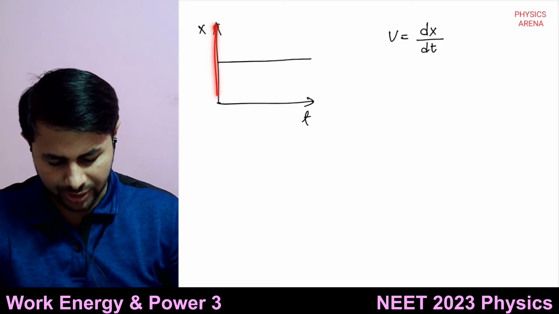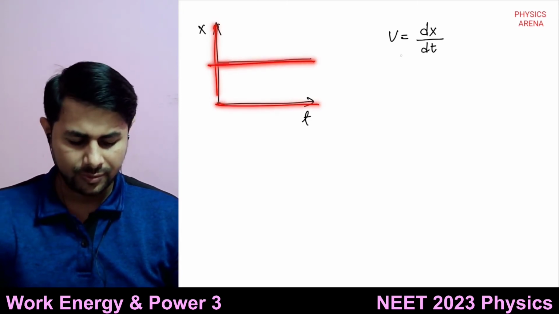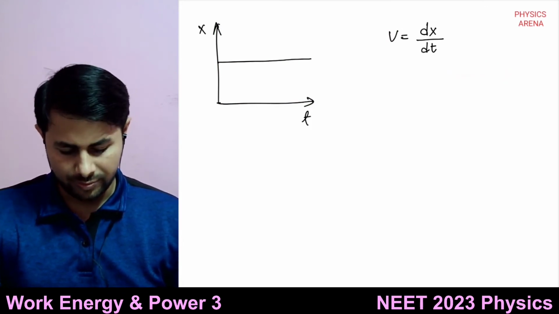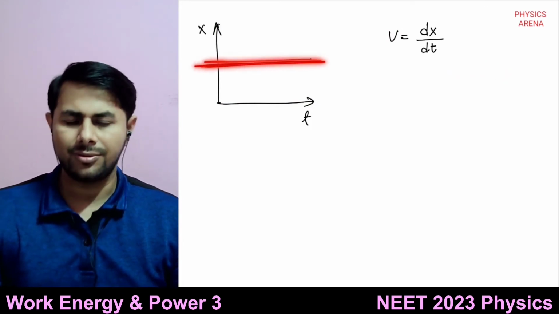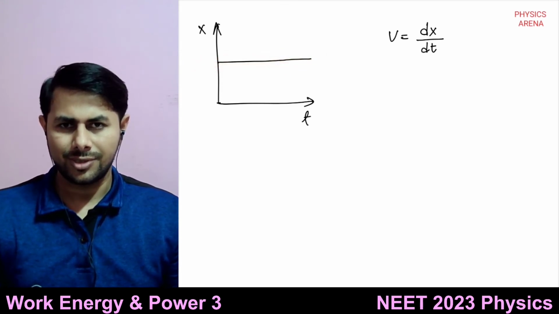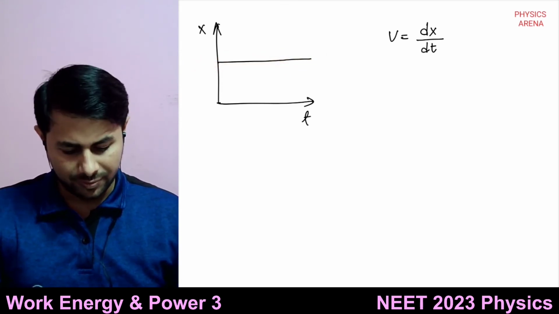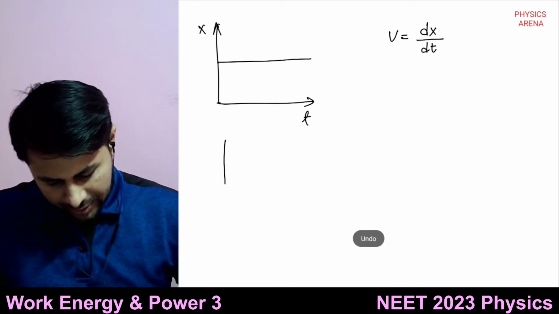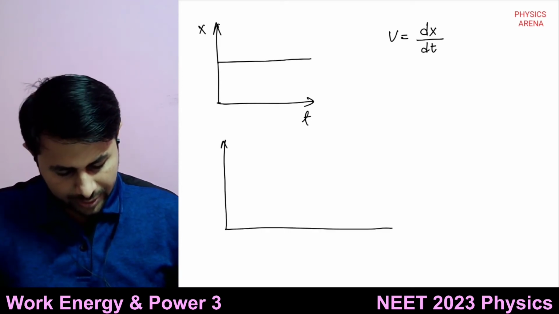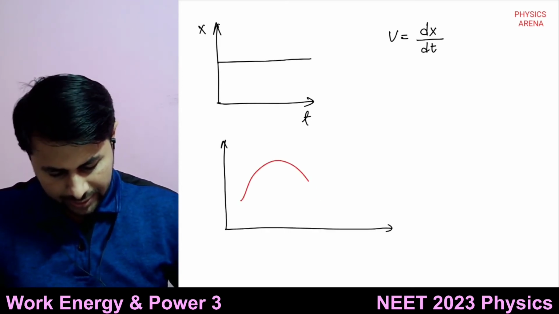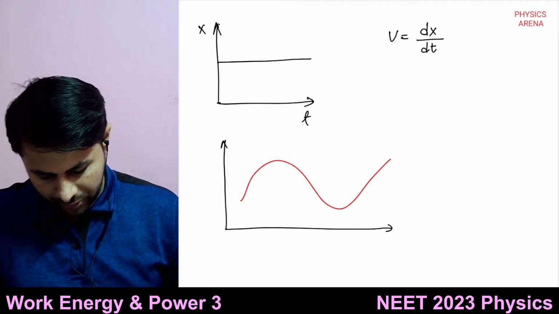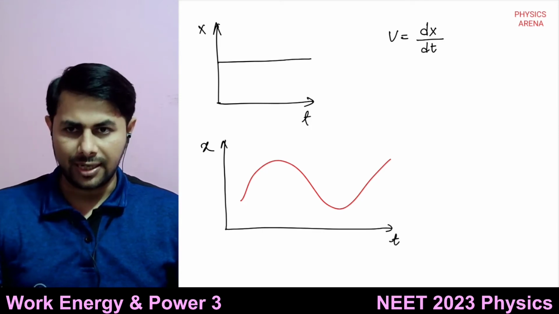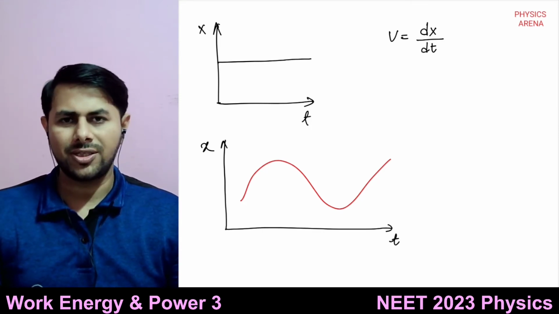If graph of position with respect to time is like this, then velocity is what? It is zero, because position is not changing at all. So if I consider a graph which looks like this, again the position versus time graph, at which points the velocity is zero?